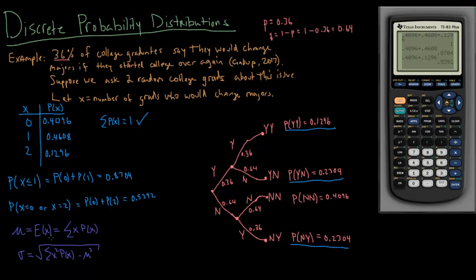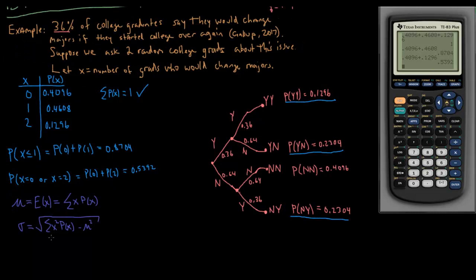Okay, so let's scroll down just slightly. That should be enough room. And let's calculate both these things. So in this case, let's go to the mean first. This says take every x value, multiply by its probability, and then add up the results.